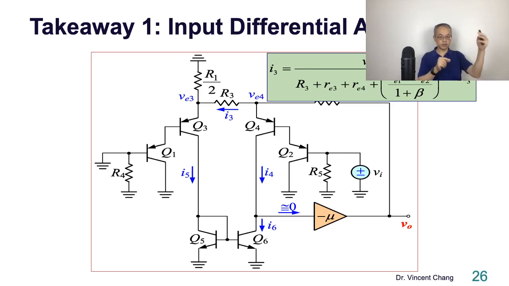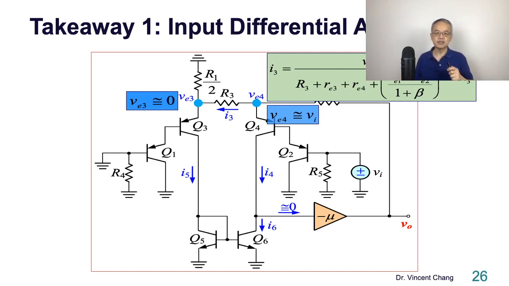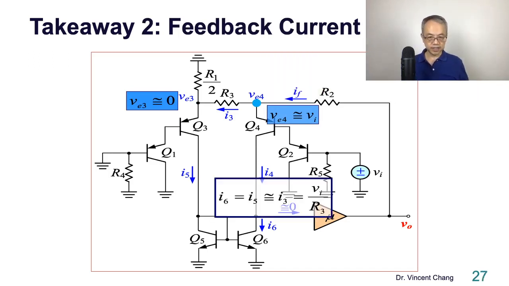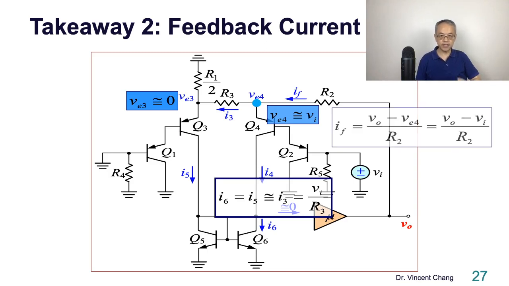And then these two blue nodes tell us the voltage drop across R3 is almost the same as the external input differential signal. And then 3, 5, 6.